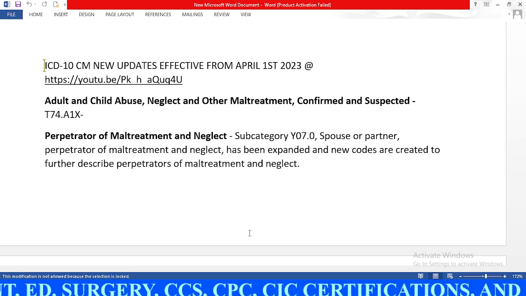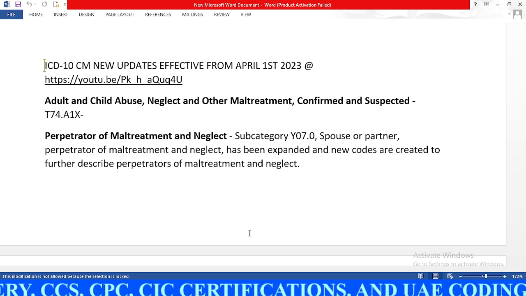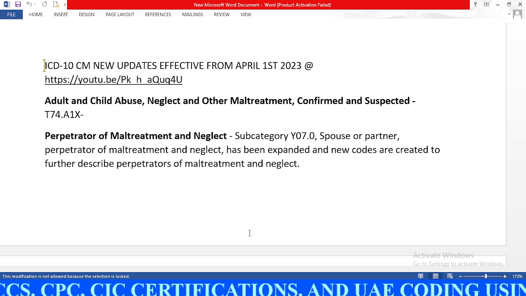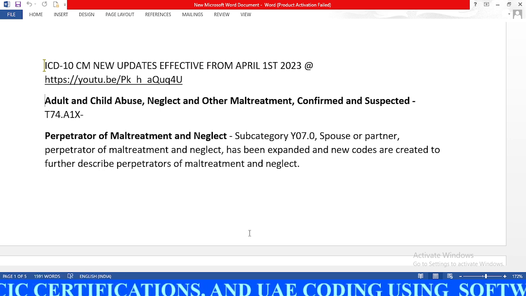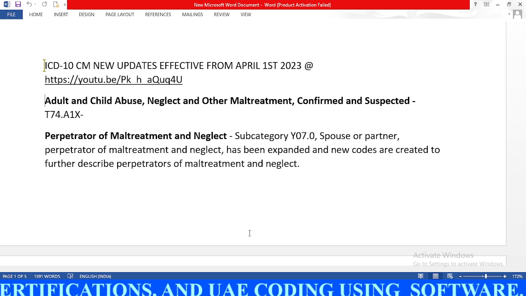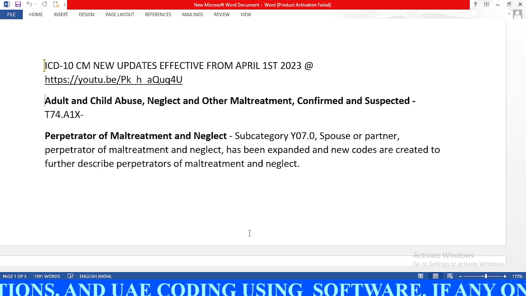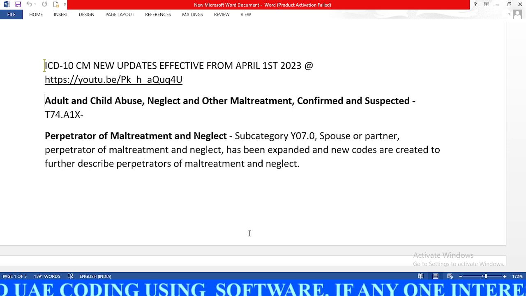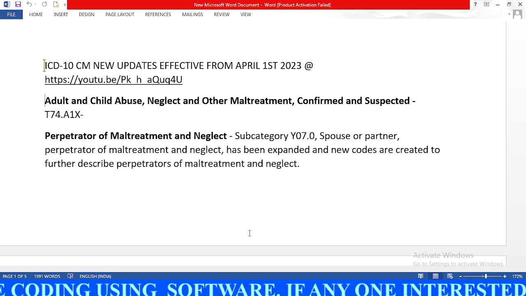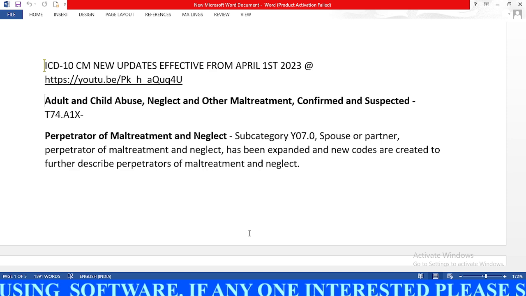T74.A1X represents adult financial abuse confirmed. T74.A2X, child financial abuse confirmed. T76.A1X, adult financial abuse suspected. T76.A2X, child financial abuse suspected. So basically, adult and child abuse codes are divided into whether abuse is confirmed or suspected.